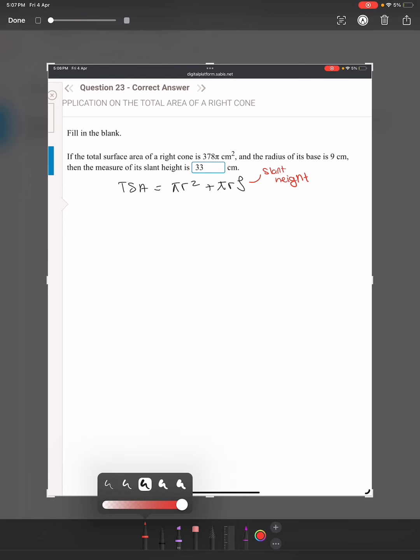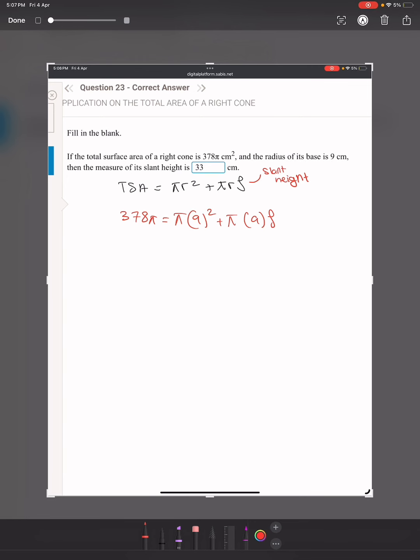Anyways, let's replace. Total surface area is 378 pi equals pi times r, which is 9, squared, plus pi times 9 times slant height. So 378 pi equals 36 pi plus 9 pi l.